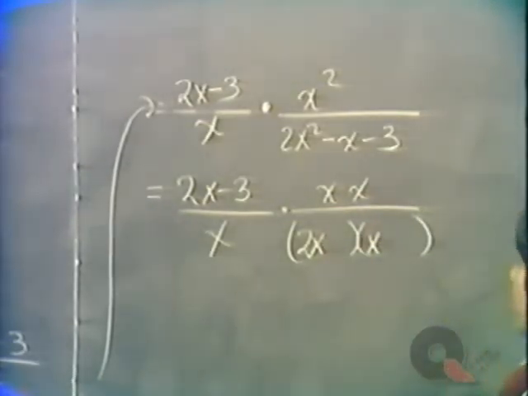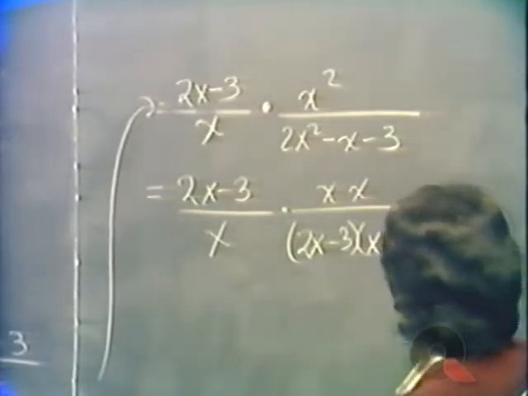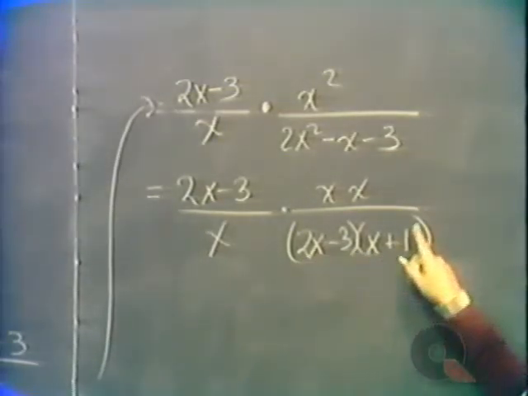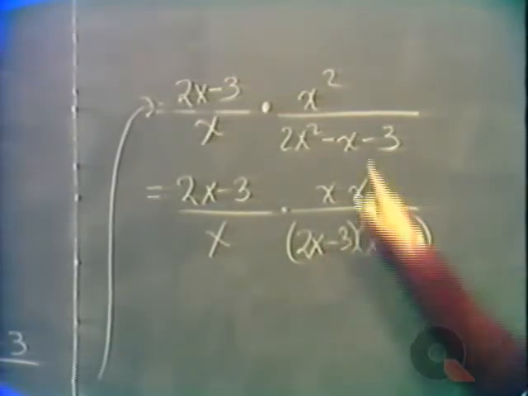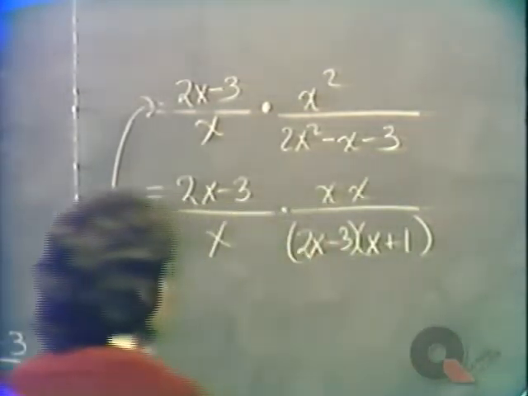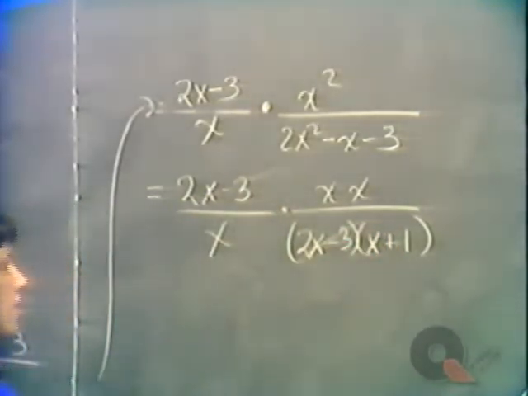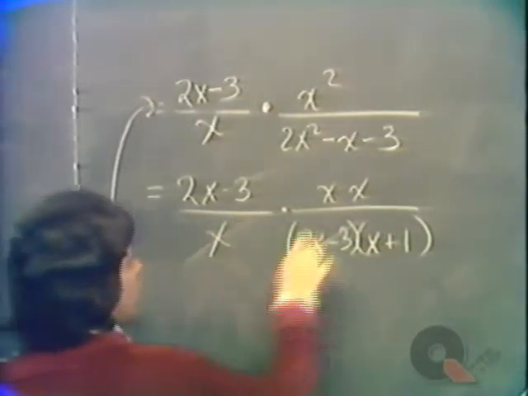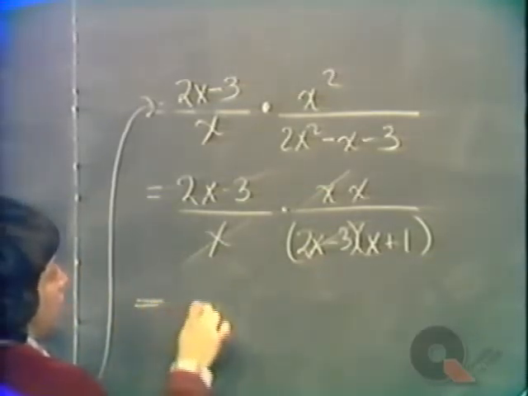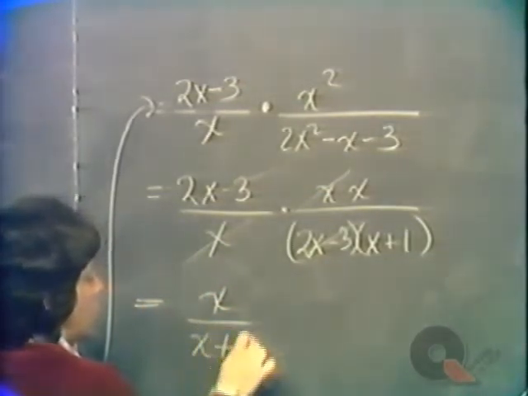A little bit of trial and error, and you're able to put in a minus 3 and a plus 1, giving you 2x squared plus 2x minus 3x minus 3. The 2x minus 3 cancels this. One of the x's cancels, giving us a final answer of x over x plus 1.